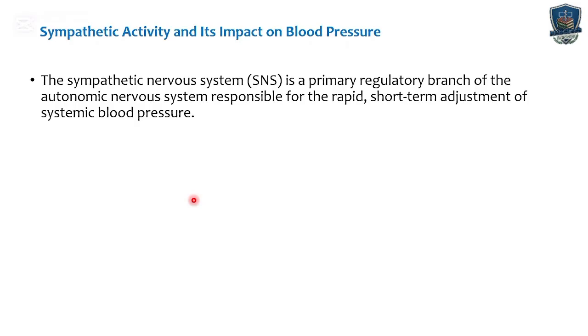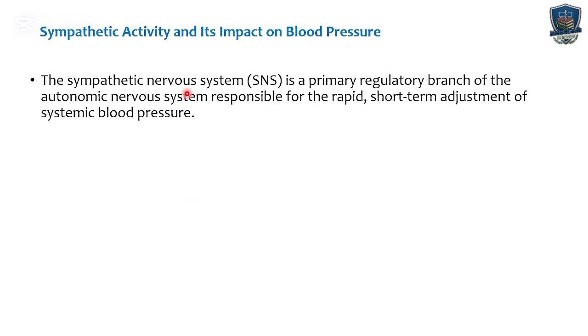The autonomic nervous system again has two broad categories: the sympathetic nervous system and the parasympathetic nervous system. The sympathetic nervous system is responsible for fight and flight, and the parasympathetic nervous system is for rest and digest.